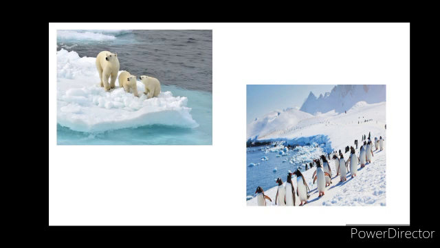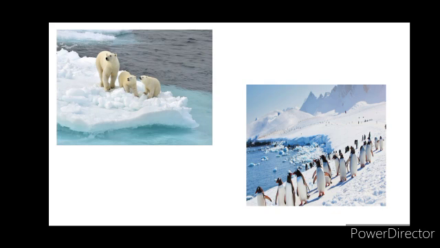Let us understand how they survive in such critical environments. Penguins are found along the coast of the Antarctic Ocean. They have a thick layer of fat under their skin and a waterproof coat of feathers to keep them warm.